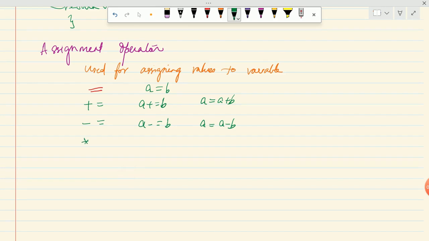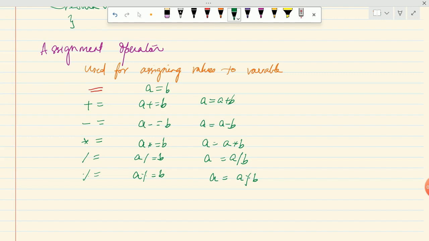And multiplication: a star equal to b means a is equal to a star b. Division equal to means a equal to a divided by b. Modulo equal to: a percentage equal to b means a equal to a modulo b. Okay, so these are the assignment operators.